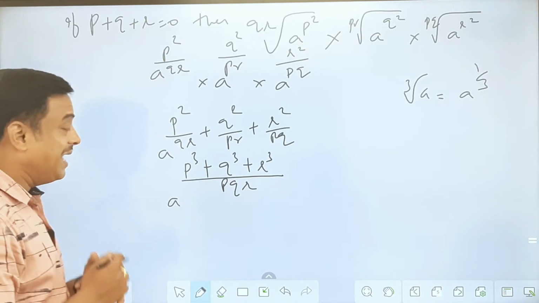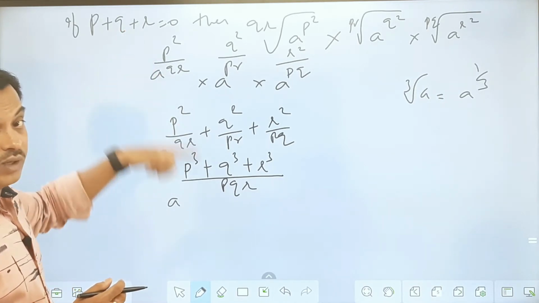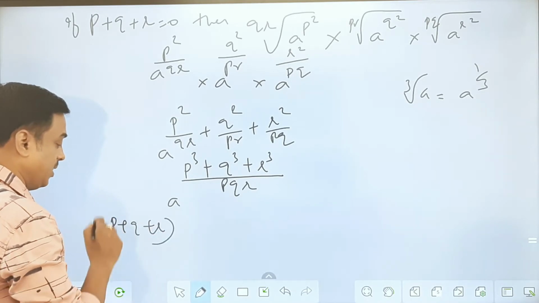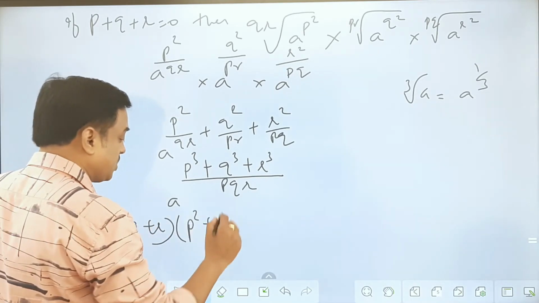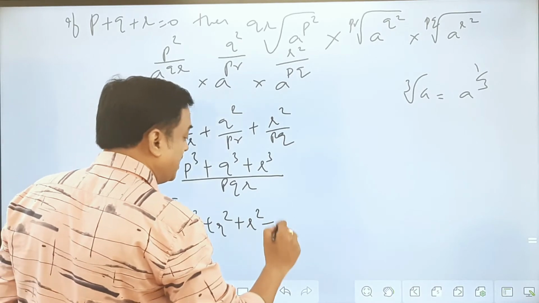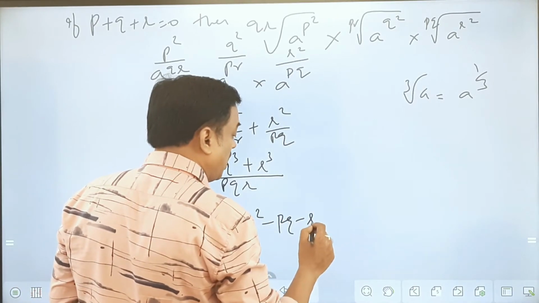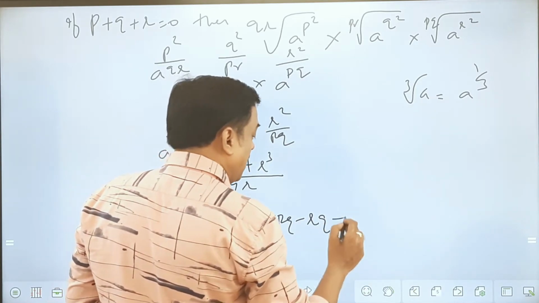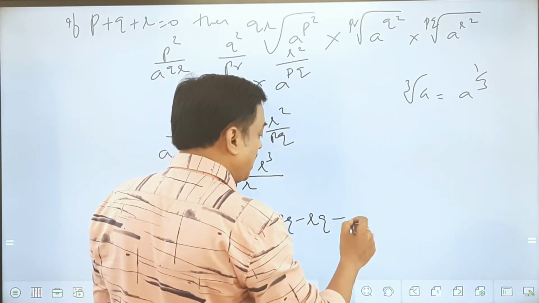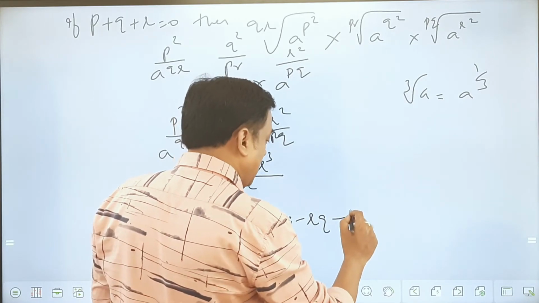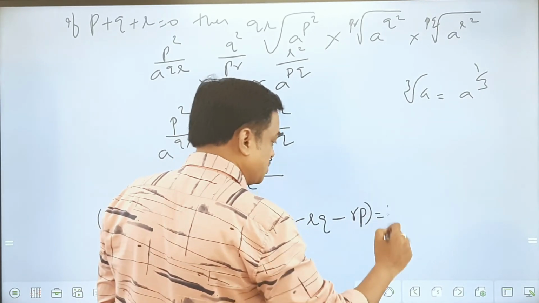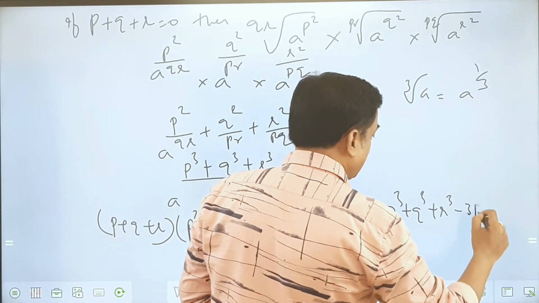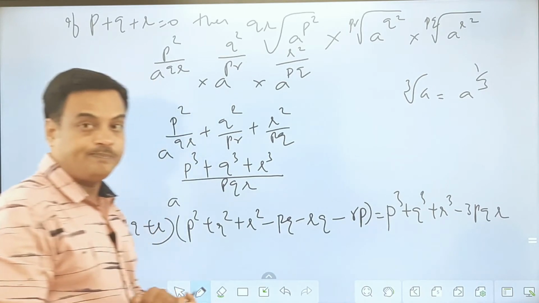Okay friends, now the significance of this will work here. There is an expansion called p plus q plus r into p square plus q square plus r square minus pq minus qr minus rp is equal to p cube plus q cube plus r cube minus 3pqr is what you get.